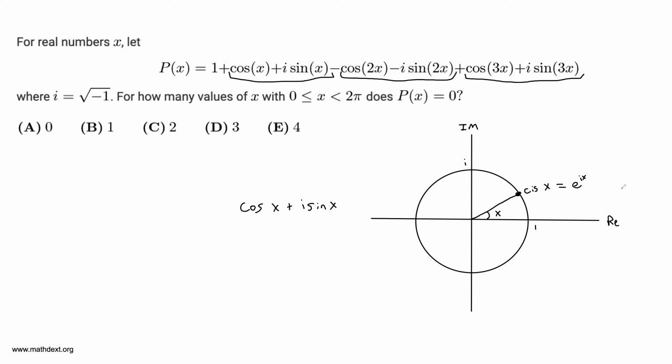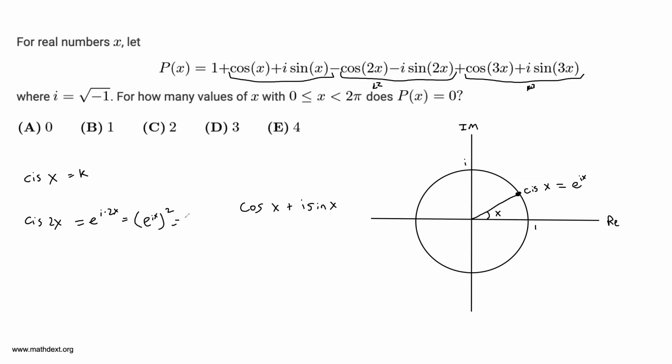Okay, so we're going to let cosine of x plus i sine of x, this thing over here, cis x, we're going to call this k. And what we can notice is that this is equal to k squared and this is equal to k cubed. The reason is because cis of 2x, which is essentially what this term is, is equal to e to the i times 2x, which is e to the ix squared.